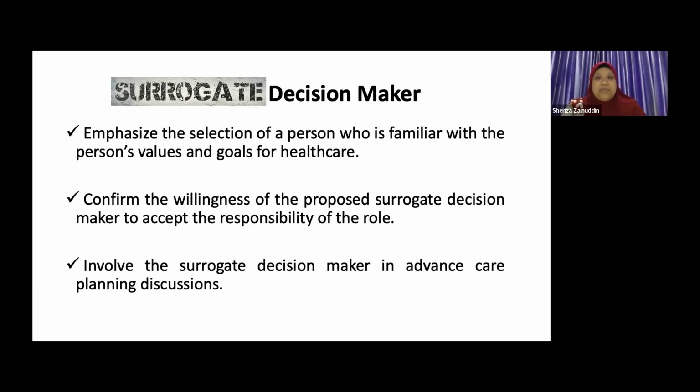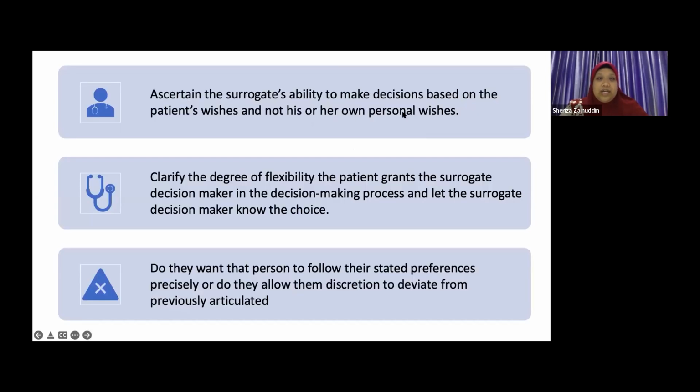Make sure the surrogate has the ability to make decisions according to the patient's wishes. Clarify the degree of flexibility. Sometimes the wish cannot be done 100%. How much change can this proxy make for this patient? Another thing we have to make sure is that the proxy doesn't divert away from what the patient's wishes are.